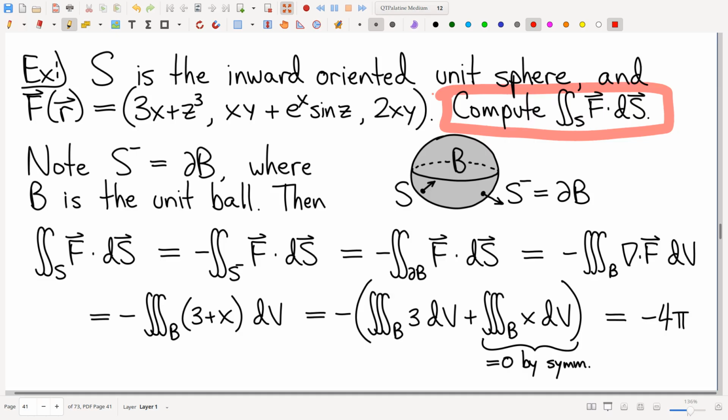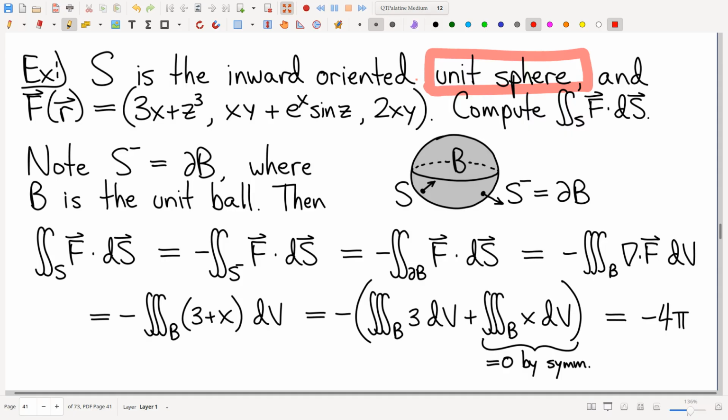So we're going to have to decide what the best way to compute this flux is. Now, you could brute force this, I suppose. We're talking about the unit sphere. We can parameterize the unit sphere. We're going to have to choose between square roots or trig.